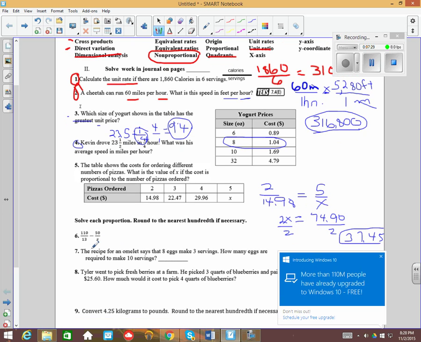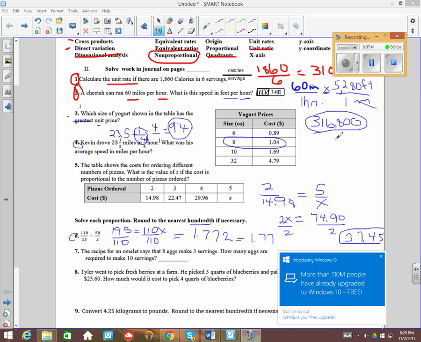Now we're looking at number 6. Solve each proportion, rounding to the nearest hundredth. That tells you right now it probably will not come out even. If you see here, I cross multiply 13 times 15, and I have 195 equals 110x.